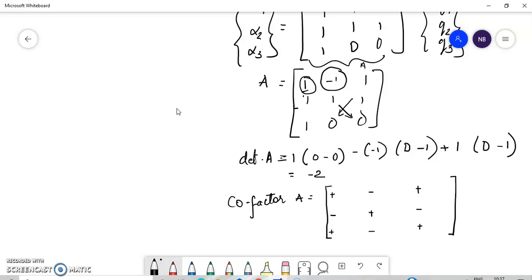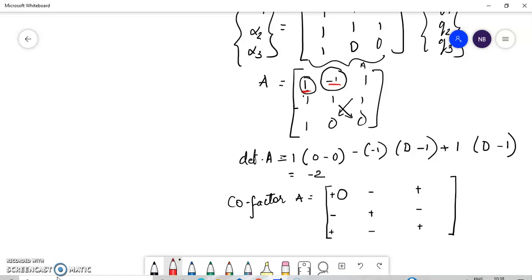To find the cofactor of this first term 1, we need to multiply these four terms. When we cross multiply this, we get 0. So I'll write down here 0. Next, we have to find the cofactor of this term -1.